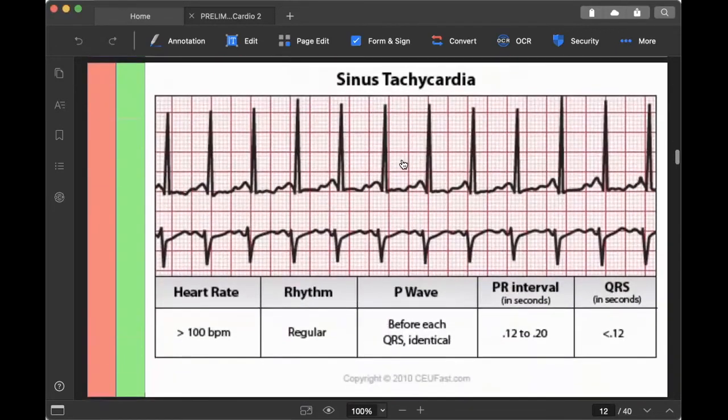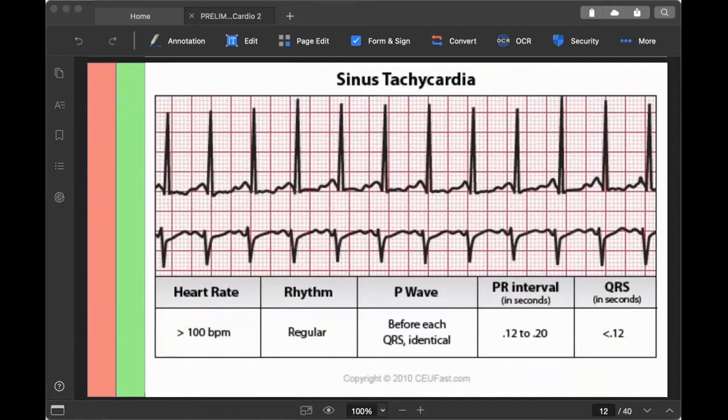Now, let's go to the opposite, your sinus tachycardia. As you can see here in the illustration, the heart rate is more than 100 beats per minute. This is usually associated with feeling nervous or having too much caffeine in our body.